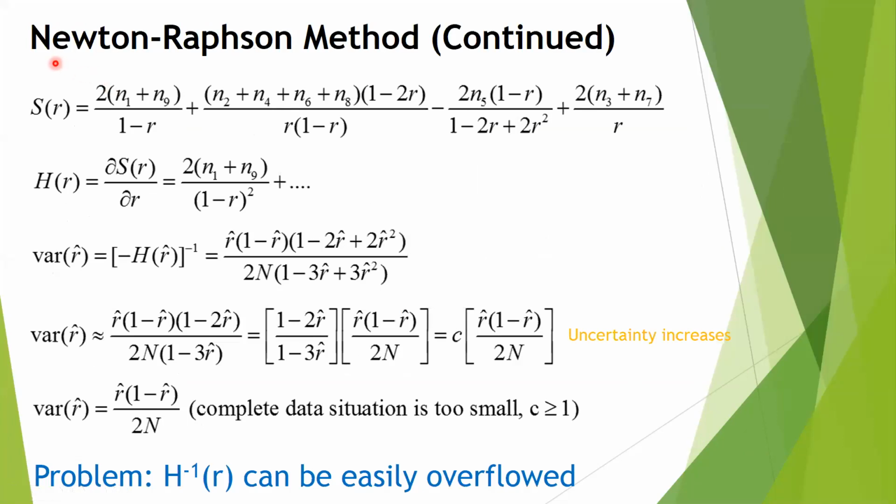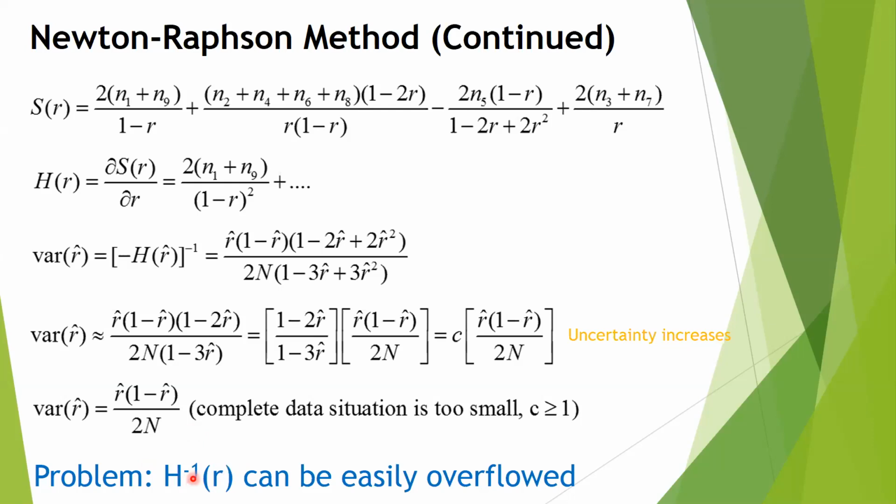Okay, so this is for the Newton-Raphson method, and it's very nice when we deal with the incomplete data problem. But there's also a major problem for this method. When we calculate the second derivative of R and use the inverse of that to calculate the information, sometimes the inverse will easily overflow.